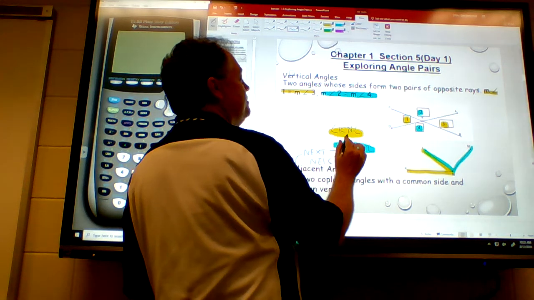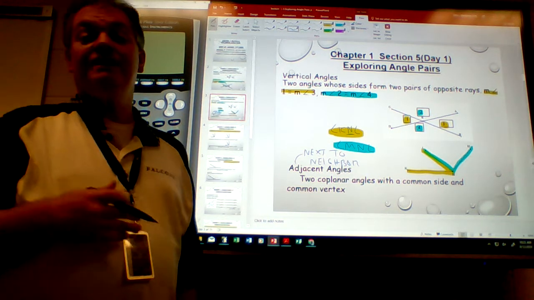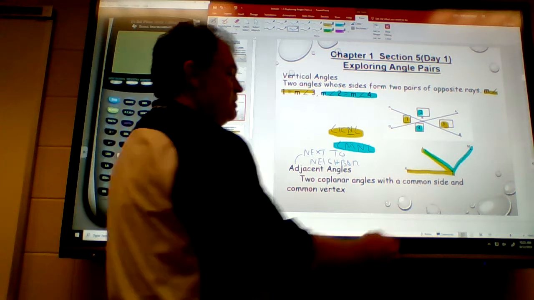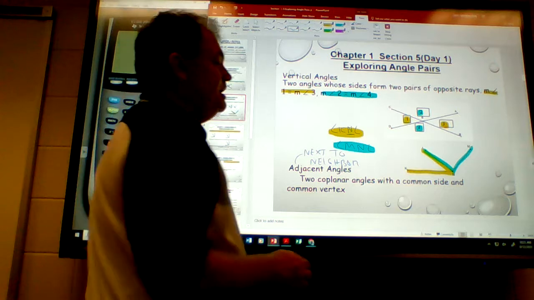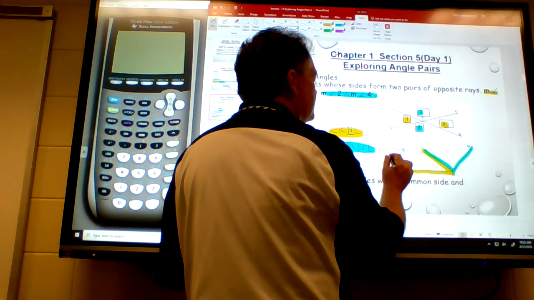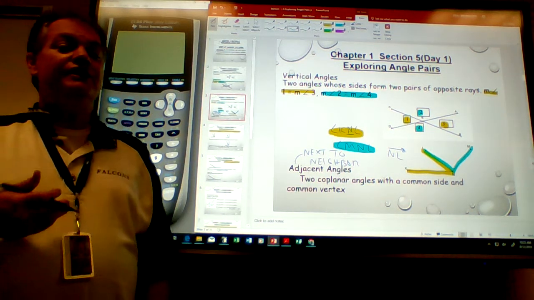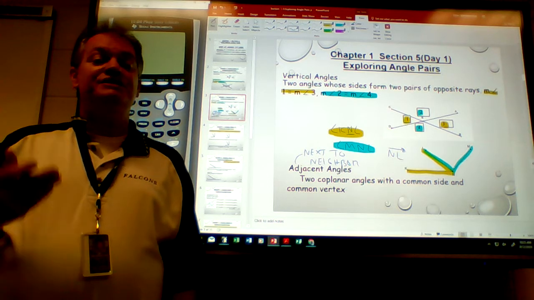I want you to notice a couple things. First of all, they both have a common vertex point. That's the point N. You see right here, the common vertex point N. They also share a common ray. The common ray that they share is ray NL. Because they share a common vertex point and a common ray, that makes them adjacent.